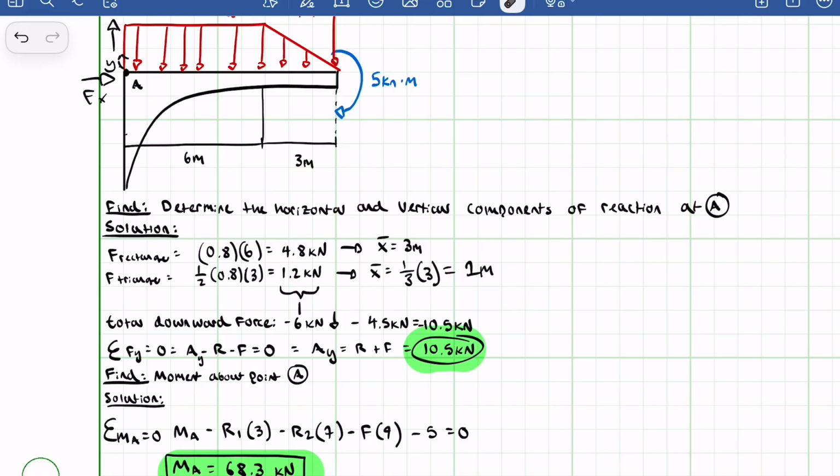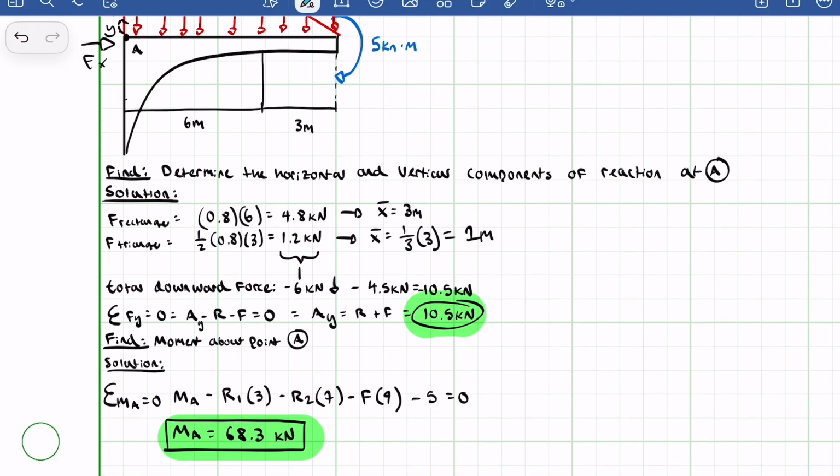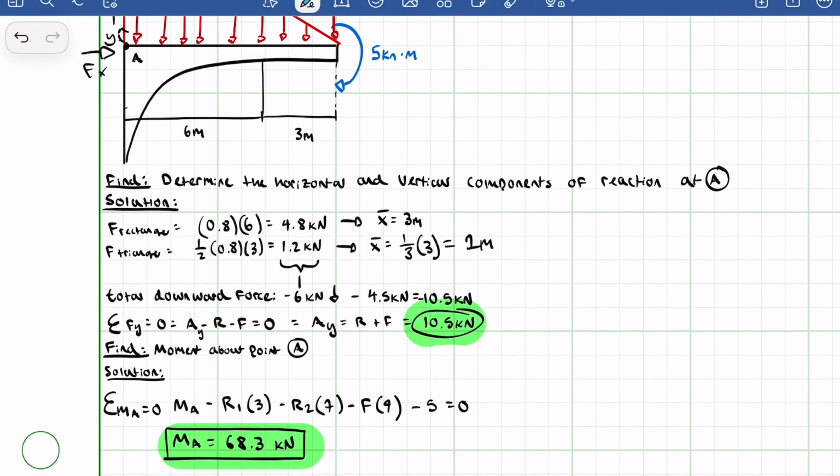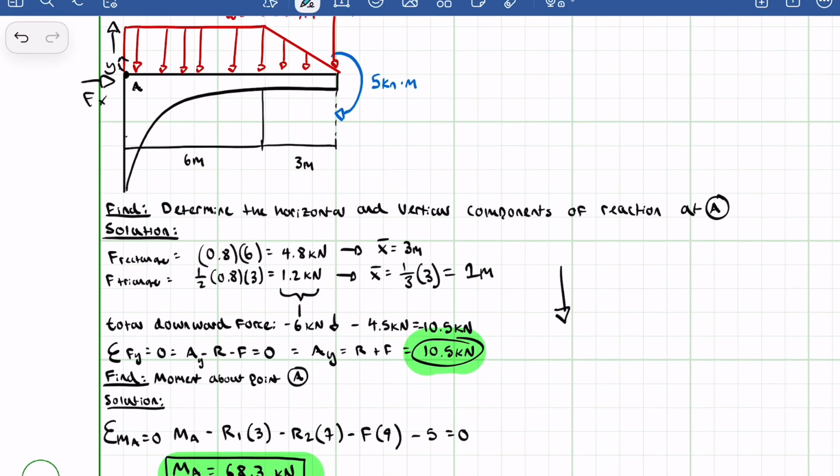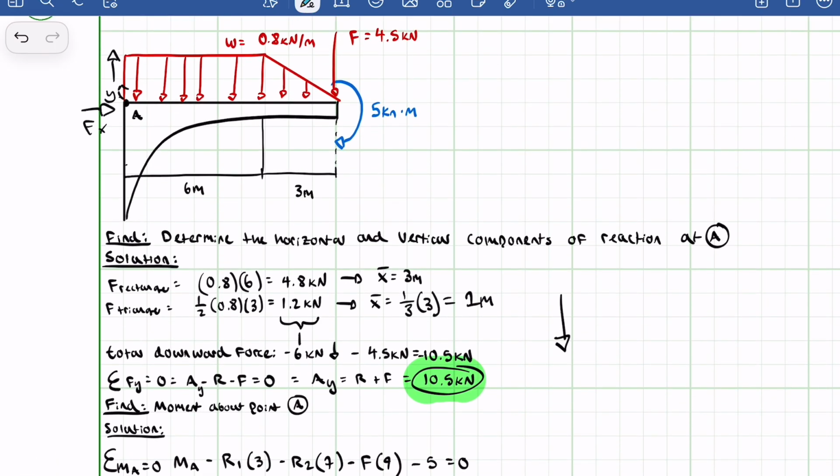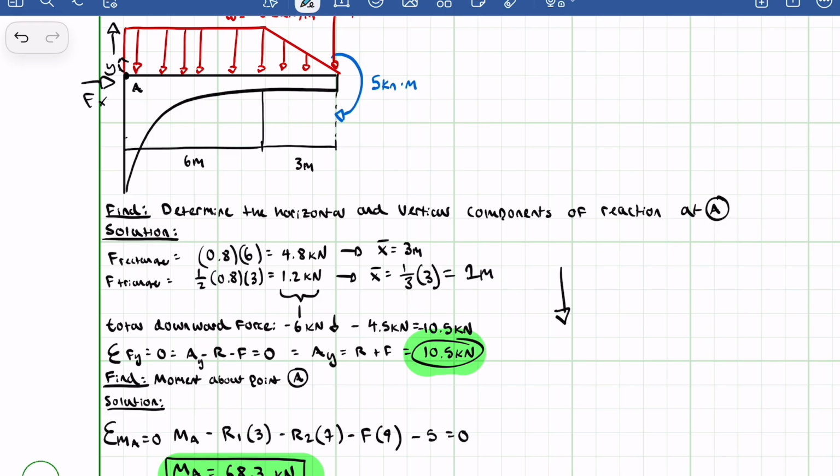Okay, so to calculate R in this case, R is just the forces that are due to the distributed loads. You don't even have to use moments for this because it's literally just every force that's pointing downward. So you have your force from the triangle, that's going to be your 1.2 thousand newtons, which is right there, and then your force from the rectangle, which is 4.8 thousand newtons.